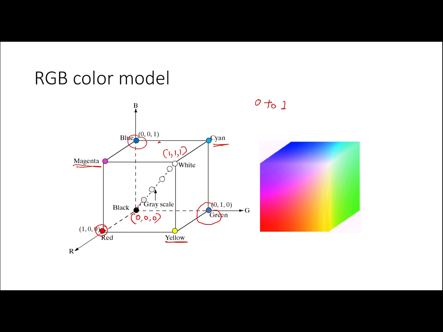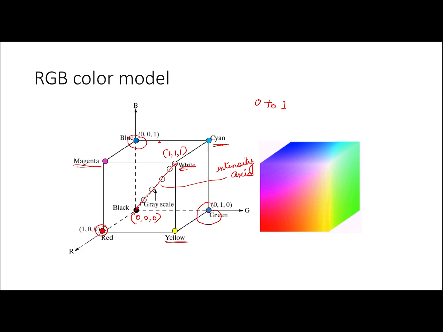And if we join a straight line connecting the origin to this white point, this straight line actually represents a grayscale, and we also call it the intensity axis. So as we move from the origin, which is black, to the farthest vertex, which is white, it will generate different gray shades, and there will be no color component here, only gray values.